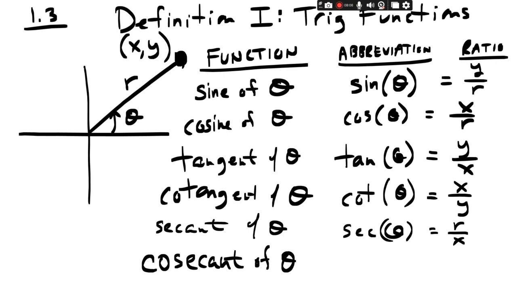So here's what we decided to do a long time ago: we decided to drop the first 2 vowels, the O and the E, and we're just going to go CSC.